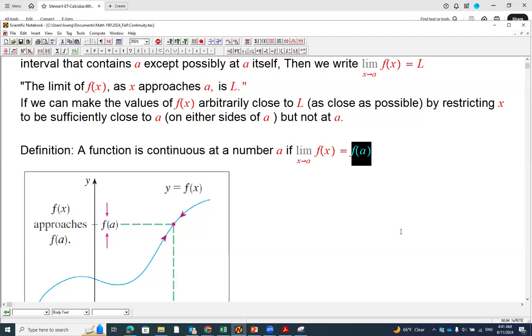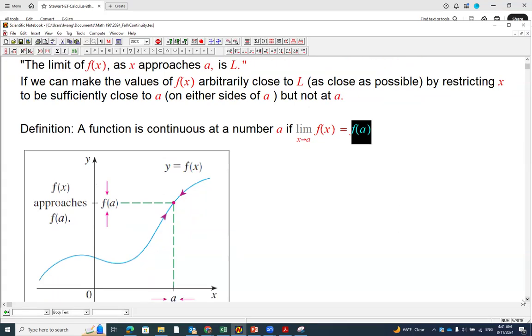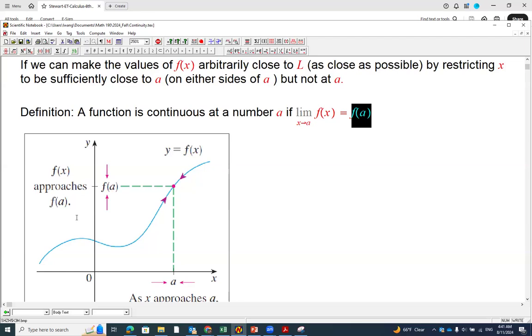From this picture, we can see as x gets closer and closer to A, the function's value gets closer and closer to f of A. So the former capital L, in the case of limit, is turning into an actual function value.